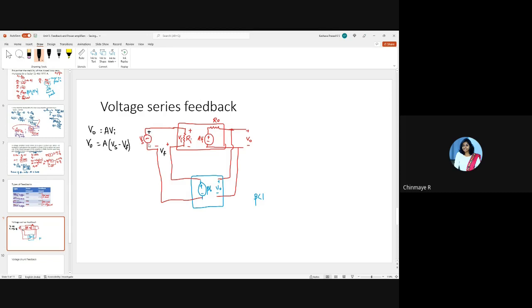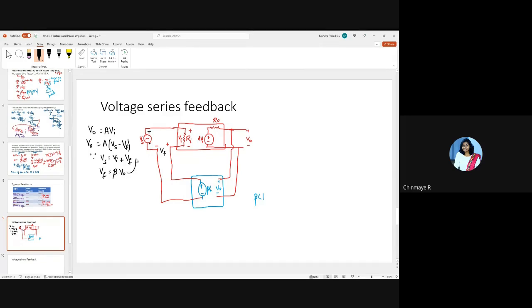If you apply a KVL to this input loop, you end up getting Vs is equal to Vi plus Vf. Therefore, I can write Vi is equal to Vs minus Vf. But Vf here is nothing but beta V naught.